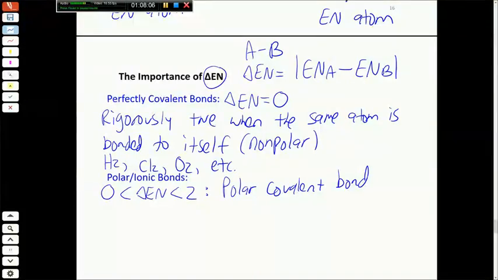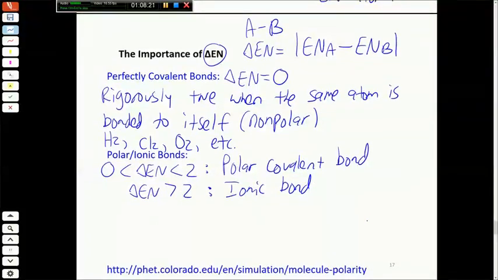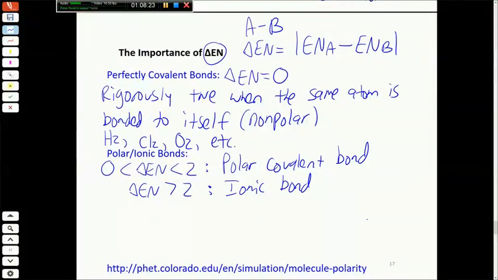And then alternatively, if our difference in electronegativity is greater than 2, these are the types of bonds that we conventionally refer to as ionic bonds. All right? Now what I want to emphasize here is that there's no real cutoff between polar covalent and ionic bonds.